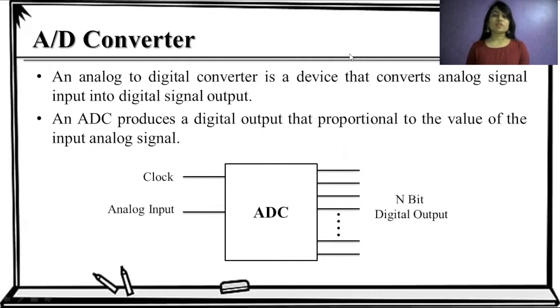So here we have two inputs: the analog input for conversion into digital form, and the clock for synchronization purposes. Here we have an n-bit digital output.